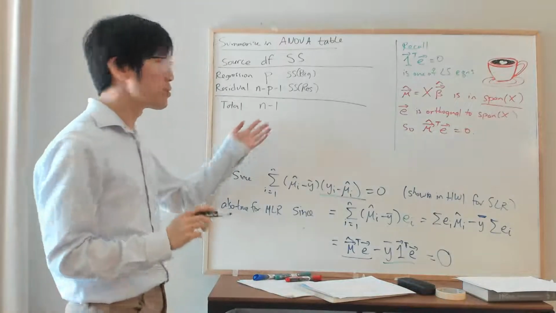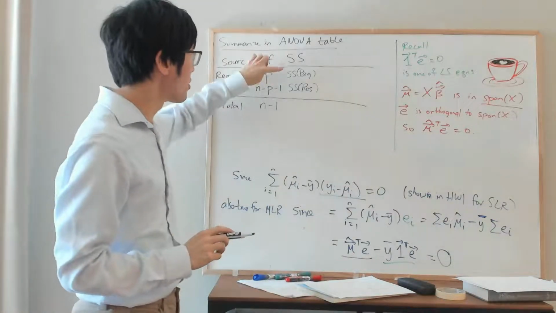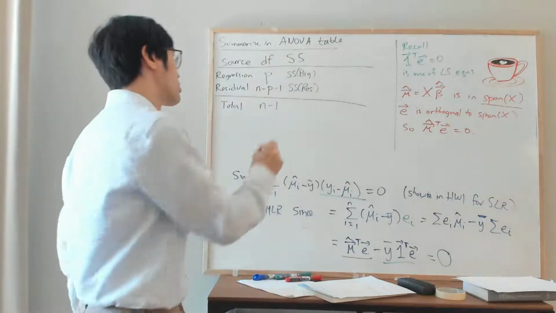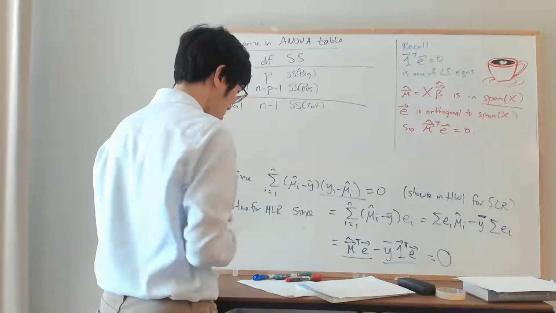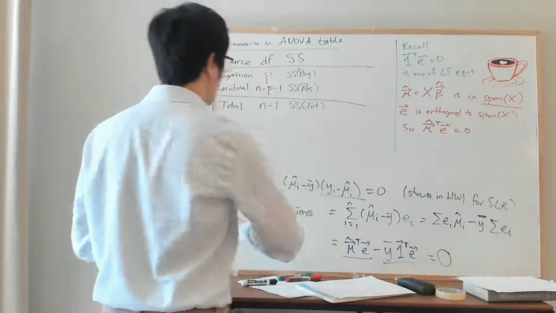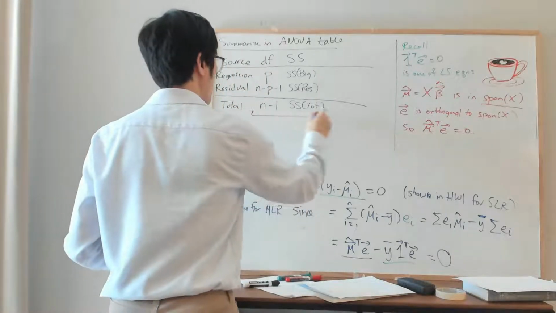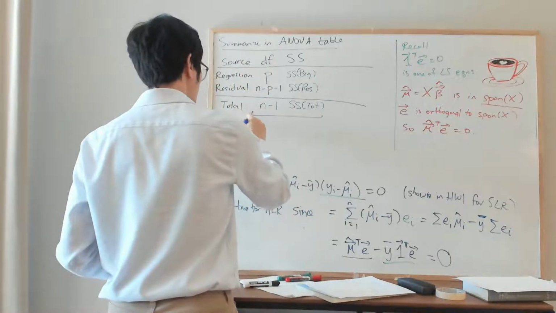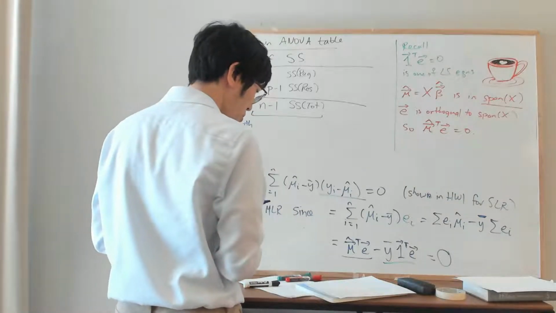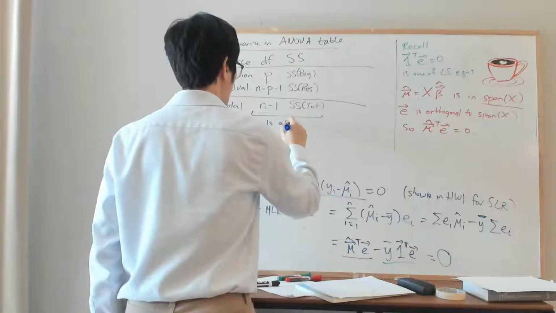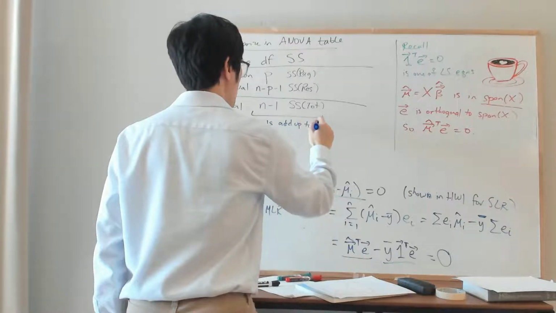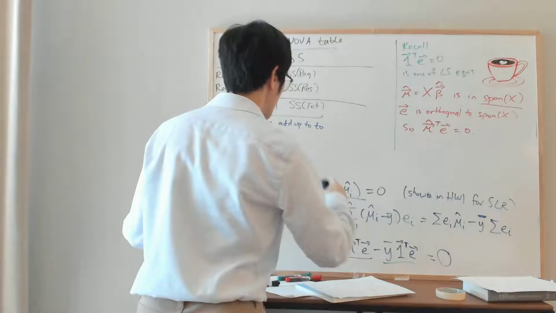The reason this works out nicely is because we showed that these two add up to the sum of squares total. So remember, both of these columns add up to the total row.